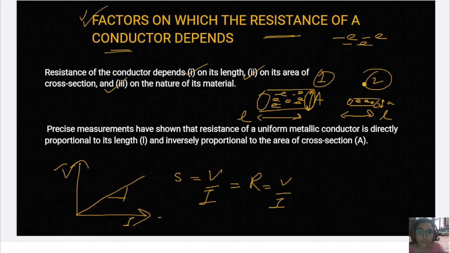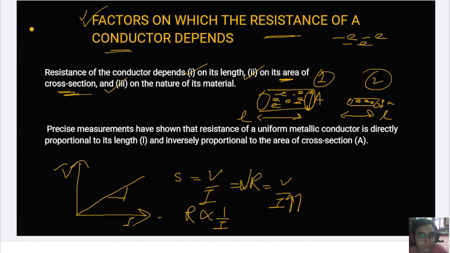Obviously the first one, right? So more the area, more will be the current flowing, and more the current flowing, lesser will be the resistance. Why? Because keeping the voltage constant, R is inversely proportional to I. So more the area of cross section of the wire, lesser will be the resistance.